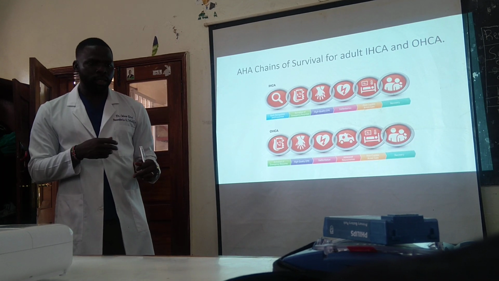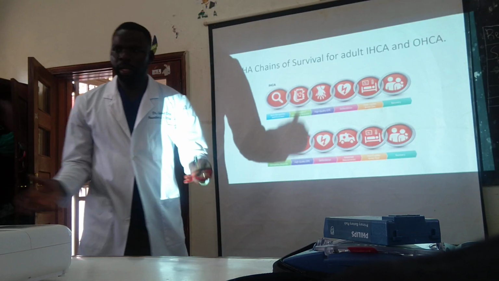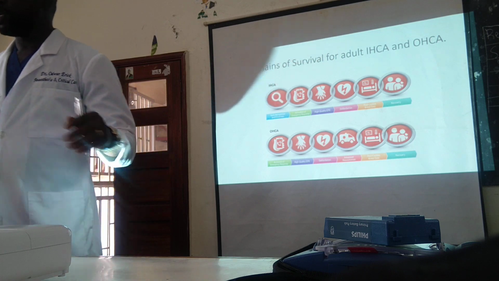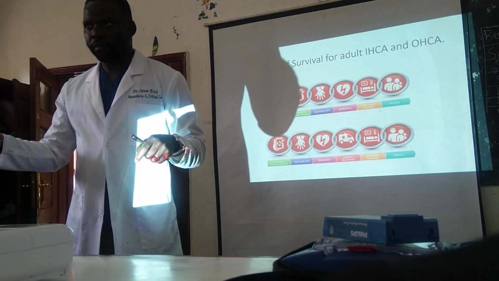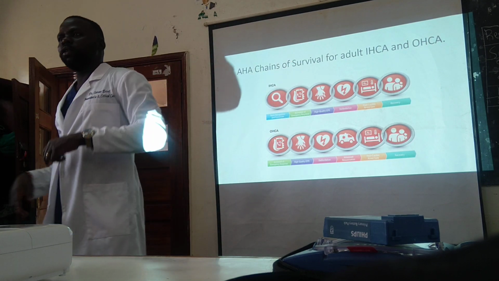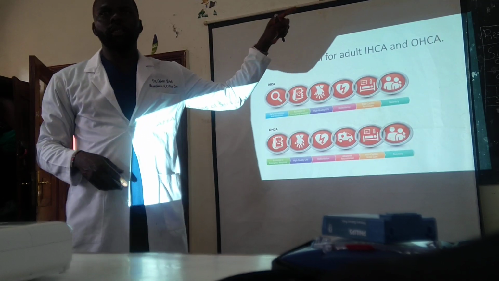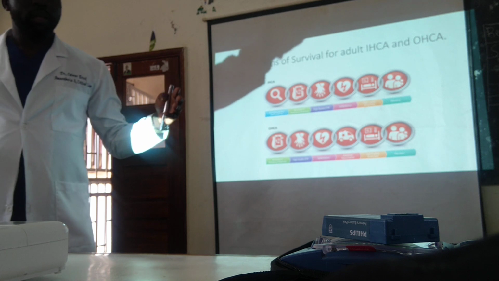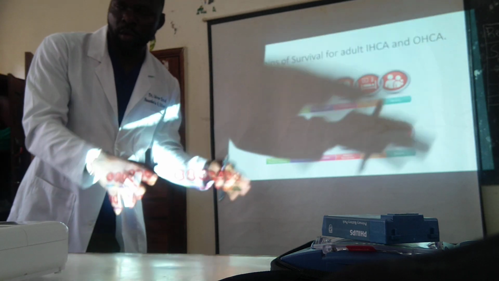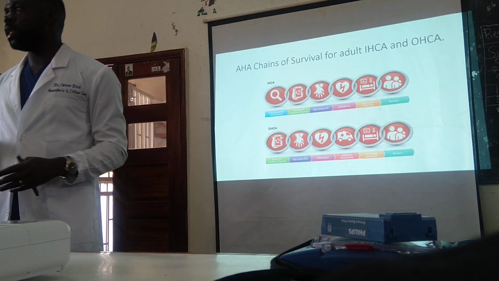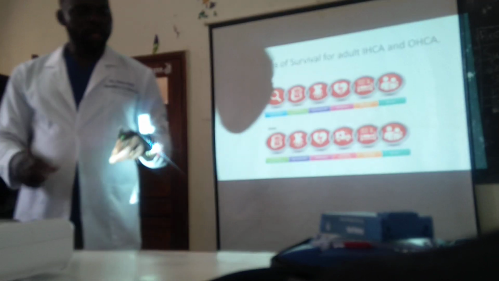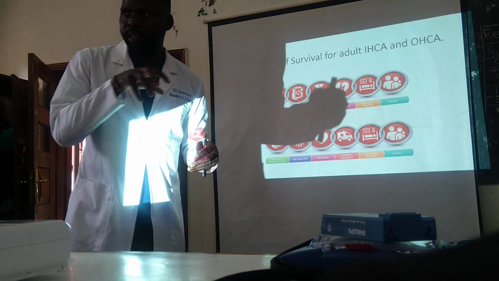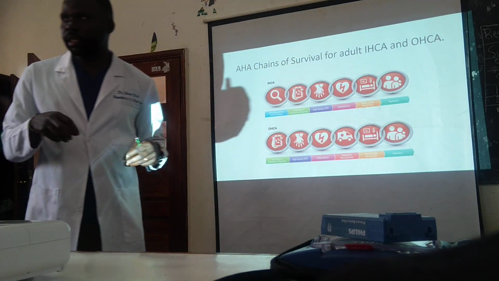Because it is an emergency, you move this trolley while the emergency is happening so that you don't have to run. If I ask for amiodarone, it is already in the crash cart, just pick and give. You don't need to run to the pharmacy or send the patient's relatives to buy from an outside pharmacy. You don't have that time. That's why the crash cart is very important. You have it well stocked and you keep checking it daily, making sure that in the crash cart you have compartments, partitions for the drugs.